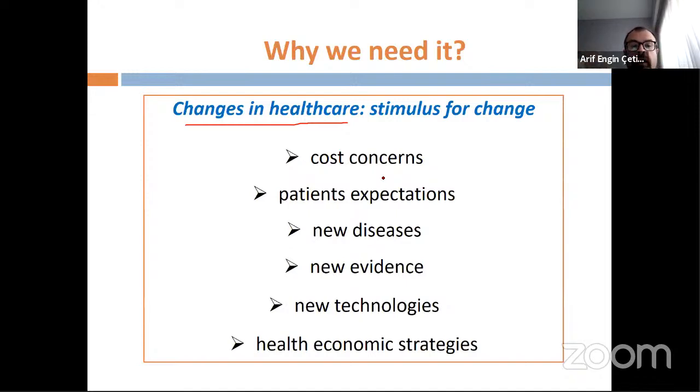So instead of centralization of the healthcare infrastructure, there is a trend for decentralization. Decentralization means the basic idea is to make patients close to the health infrastructure.